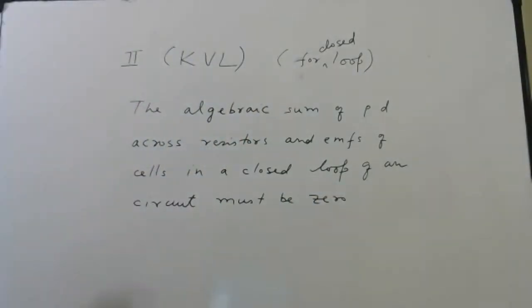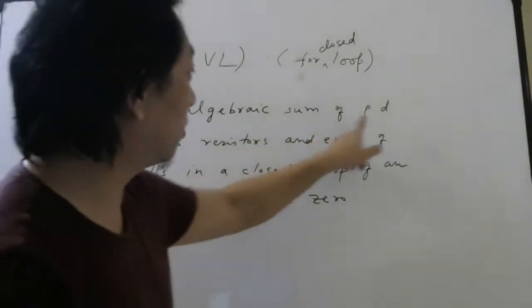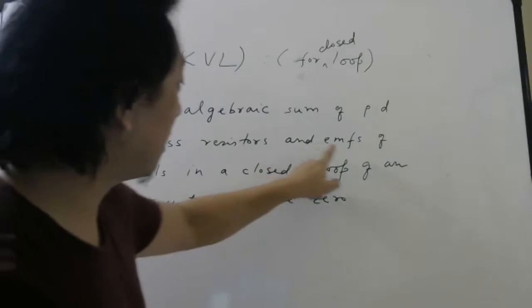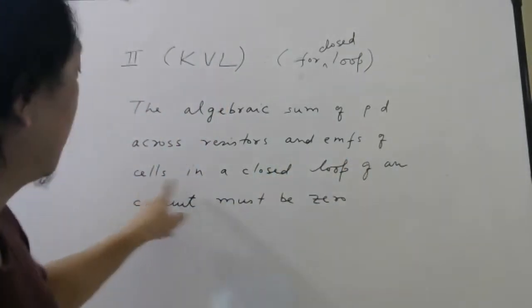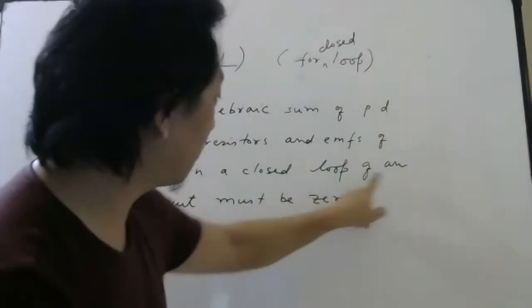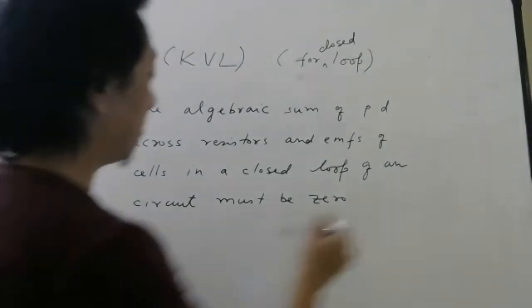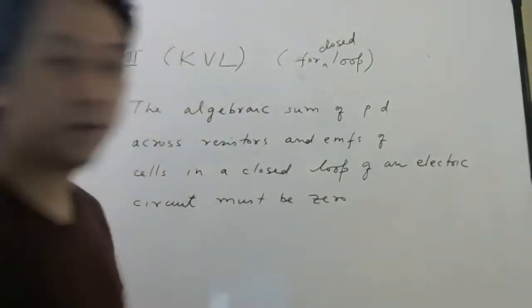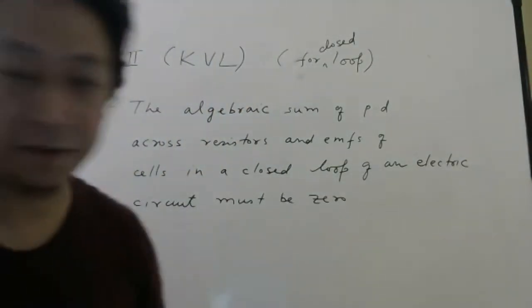So what does it say? The algebraic sum of potential difference across resistors and EMFs of cells in a closed loop of an electric circuit must be 0. First you write the statement, then I will explain.